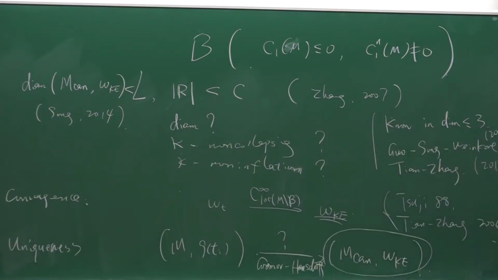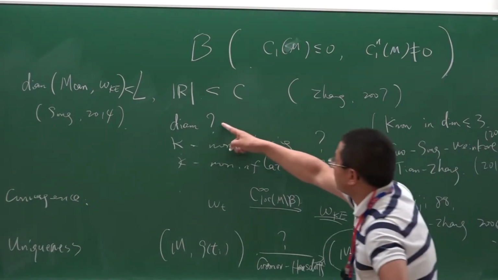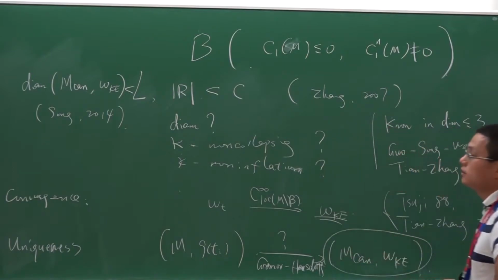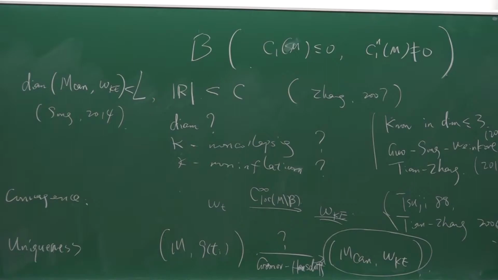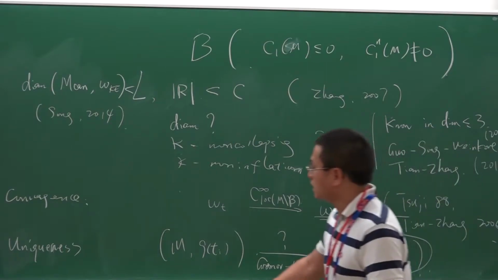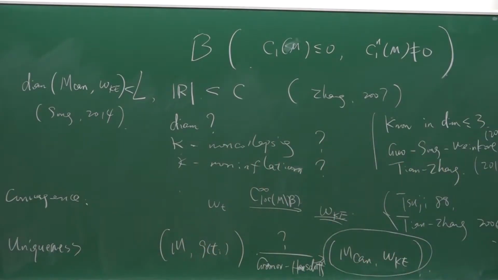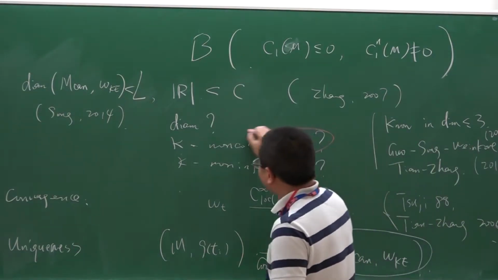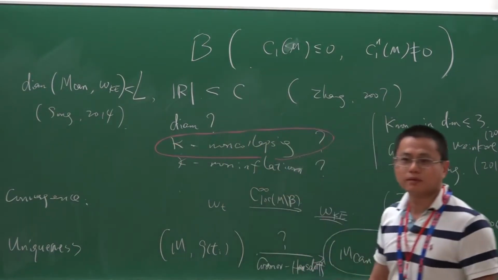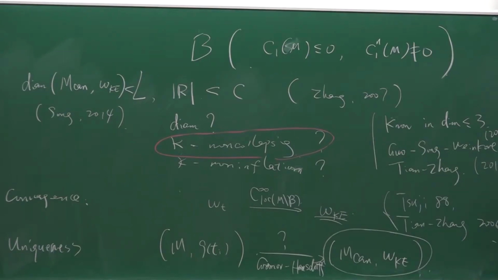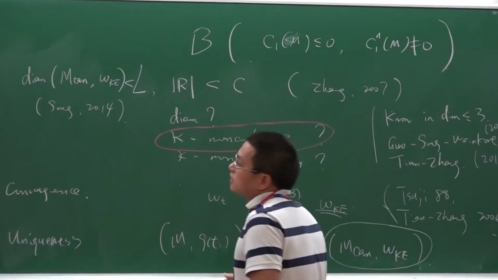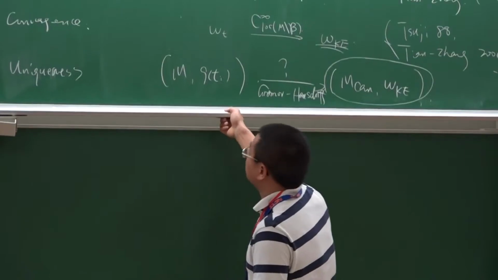Now, there are several things which are not clear, but if you go through the proof, you'll find that there is a key estimate. After you solve that estimate, then all the others will follow. That's the kappa non-collapsing. So why does this kappa non-collapsing cause trouble?